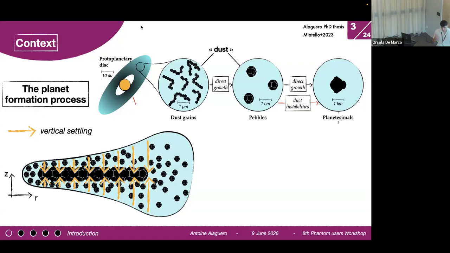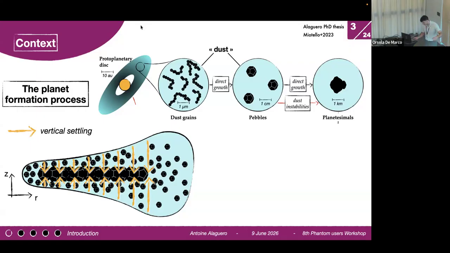And so the dust feels a constant headwind, making it lose angular momentum. As a consequence of that loss of angular momentum, the dust will start to settle in the midplane of the disk, where it accumulates, and it is a promising environment for it to grow. That's why you have the bigger grains in the midplane.